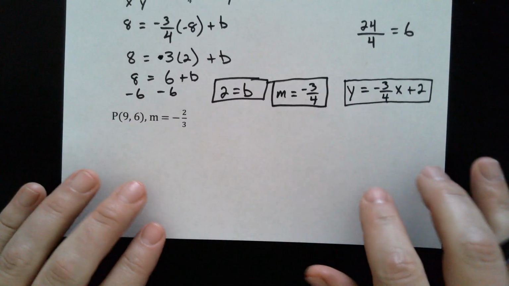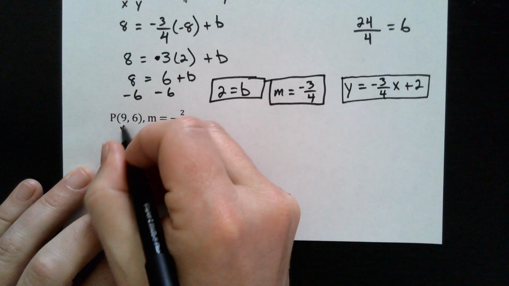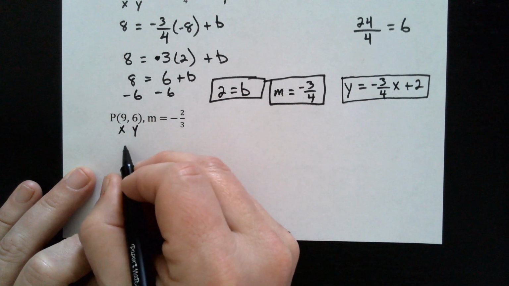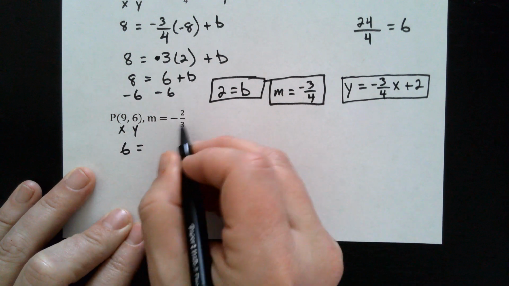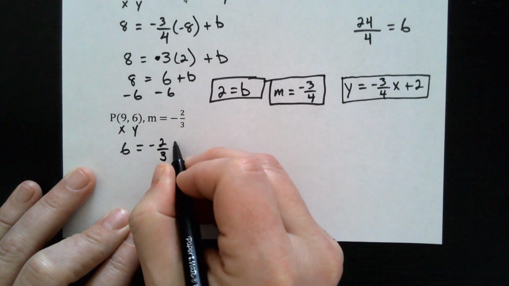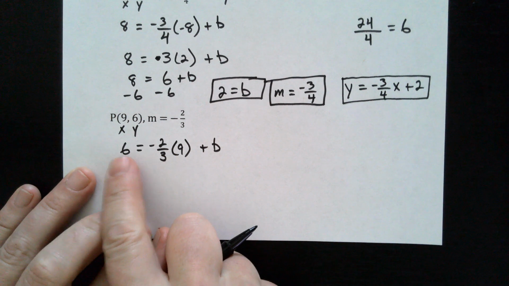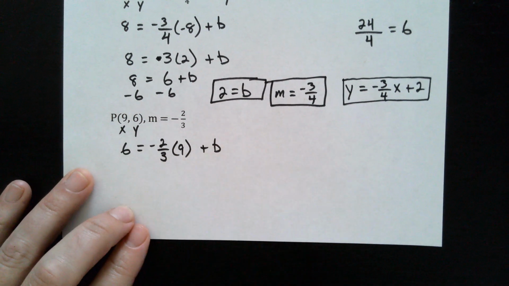Okay, let's do one more with this method. So here's x, here's y, that's m. So I'm going to plug it in. So 6 is equal to -2/3 times 9 plus b. So y is equal to mx plus b.